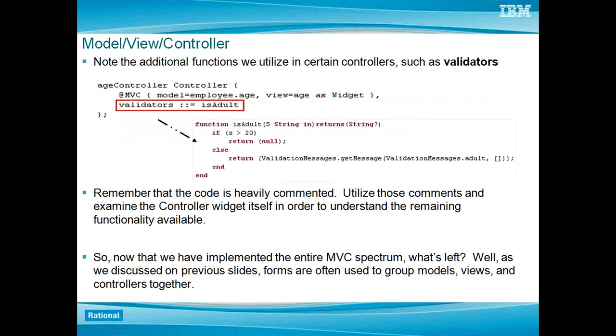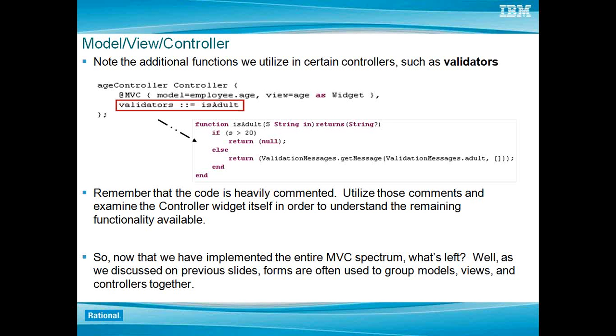So once this is done, inside of the controller you can specify some validator functions. We have already learned about the validators. These are the delegate methods or the functions that are automatically called by the EGL runtime to check against the values or the fields on which we have applied these validators.